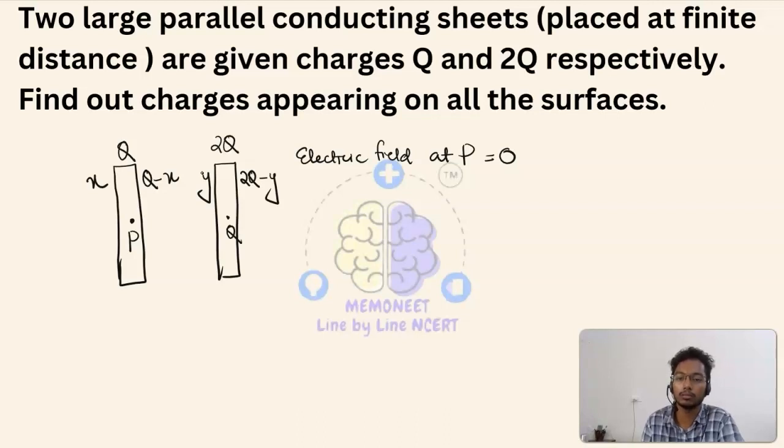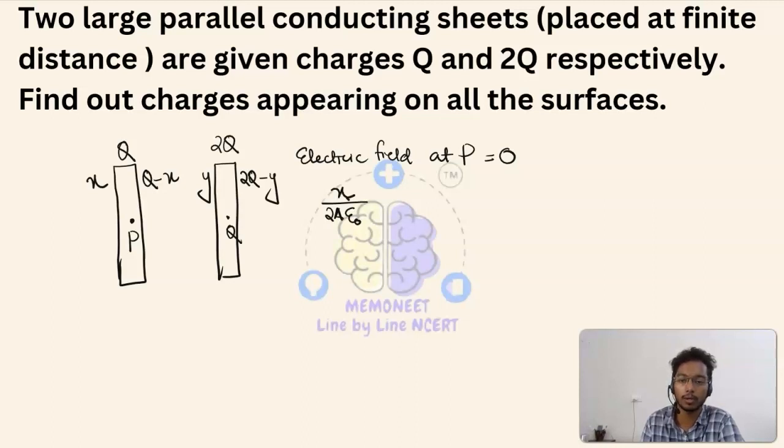So the electric field at point P will be 0. If we write the electric field expression, that is q upon 2A epsilon naught, okay. So for the point P, the charge present on the left side is only x, not q. Let's say it is x.